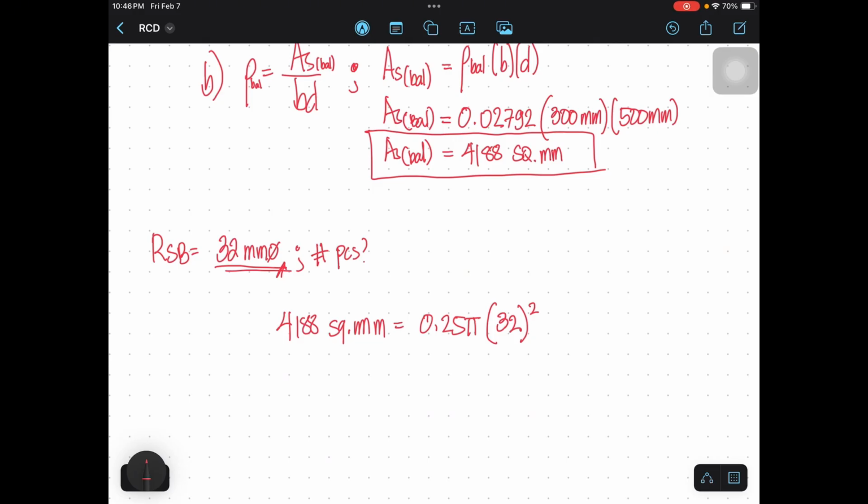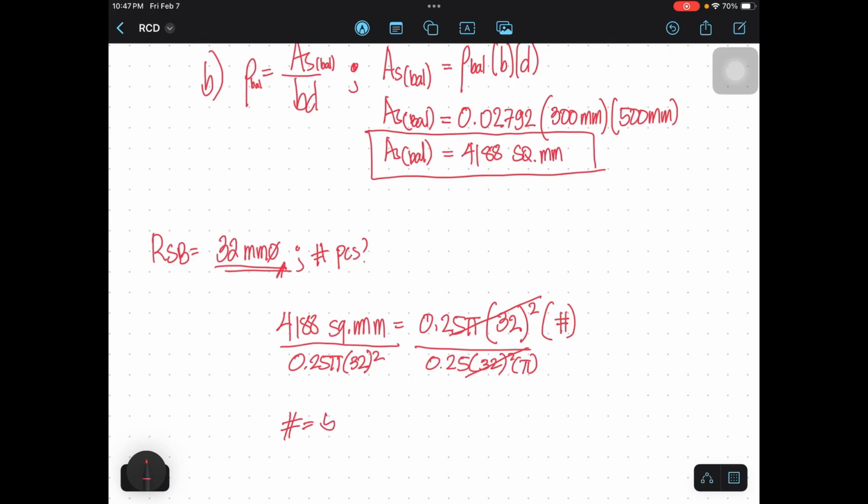So kasi itong 0.25 pi is isang piraso. Ngayon, para malaman natin yung equivalent na area dito, kailangan muna natin i-multiply yung kanyang number of pieces, which is ito din naman yung ating hinahanap. Okay, dividing both sides by 0.25 pi 32 squared, number of pieces na makakompute natin ay 4188 divided by 0.25 pi na 32 millimeters yung sukat.